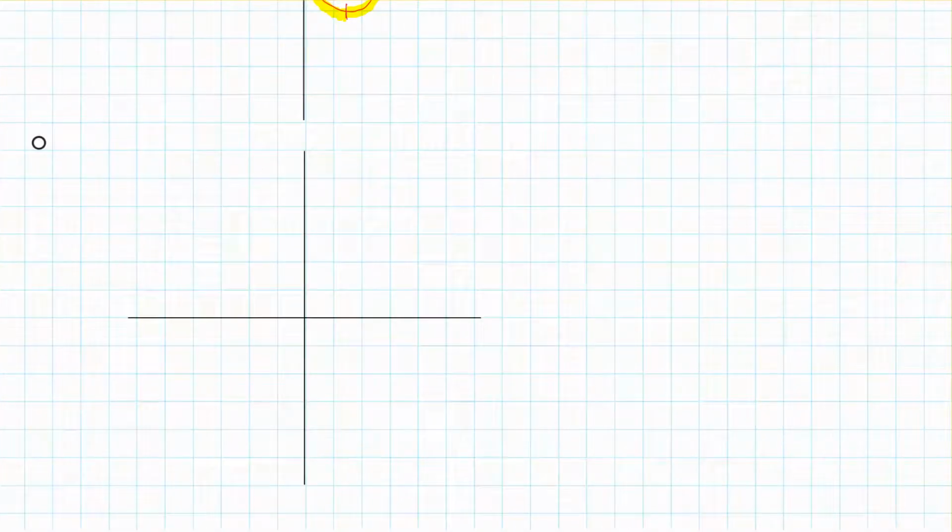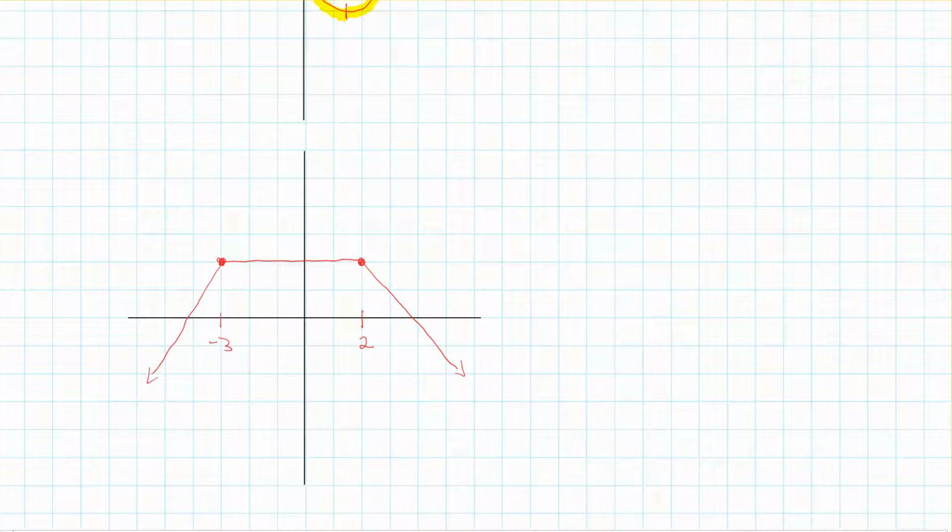Okay, so let me sketch another graph here. I'm going to do this one a little bit more to scale. So this is -3, this is +2.